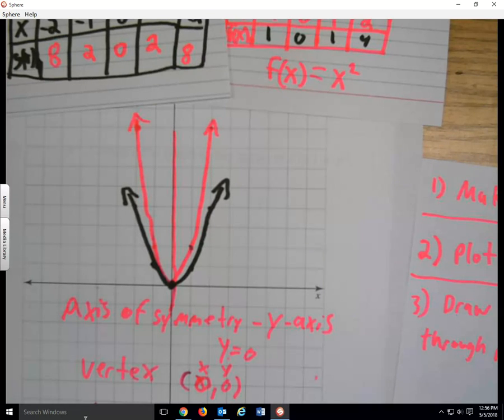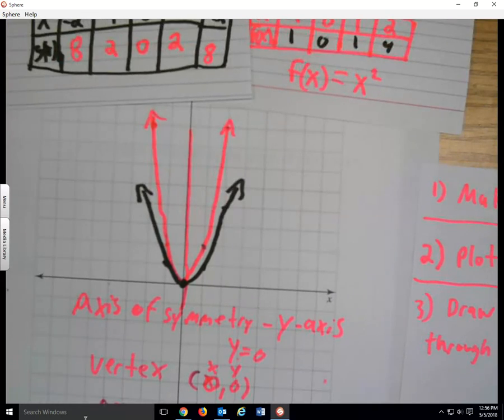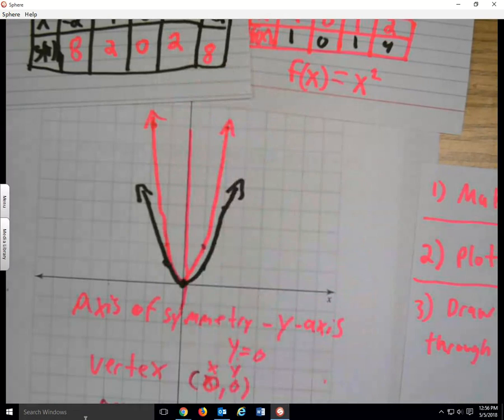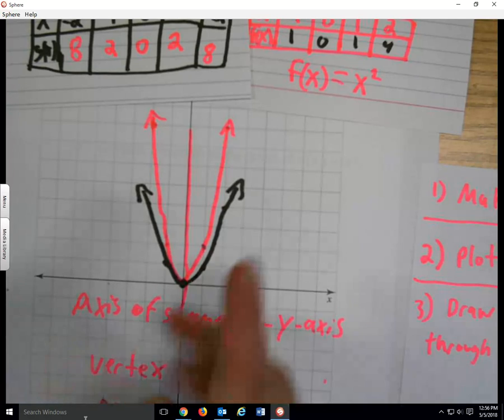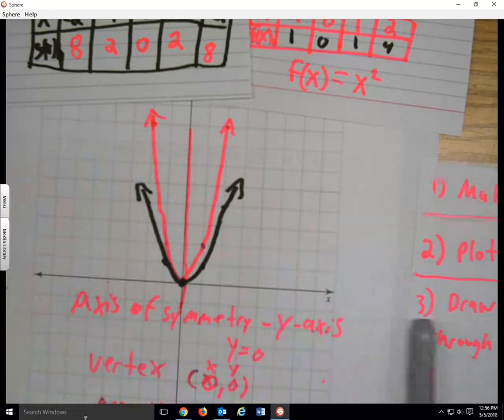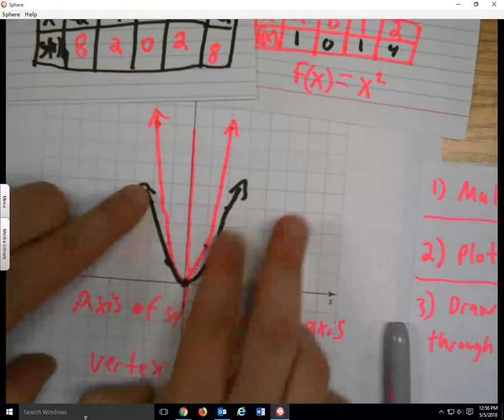Okay. But is it a stretch or a shrink? And that's the part I want you to think about. I'll give you a second. So remember, it's a whole number. It's not a fraction. So when we have a whole number, are we stretching towards the y-axis? Are we shrinking away? Well, actually, you can visually see it, right? Here's the parent function.